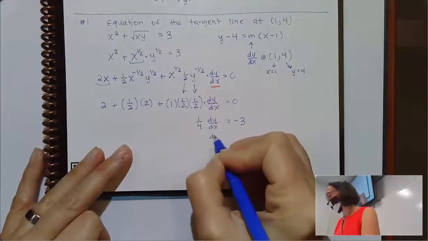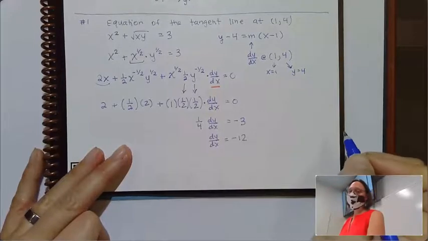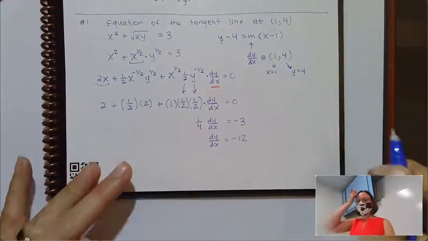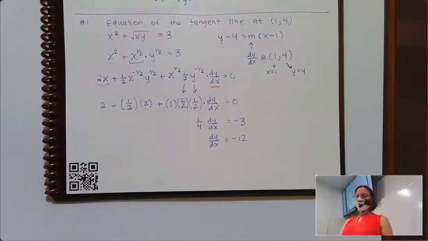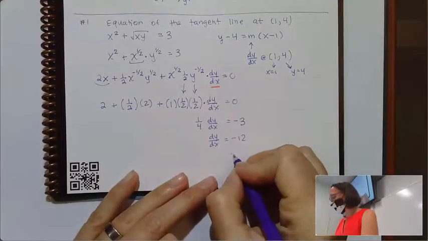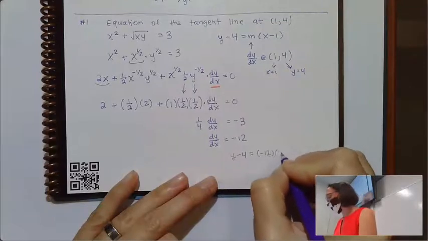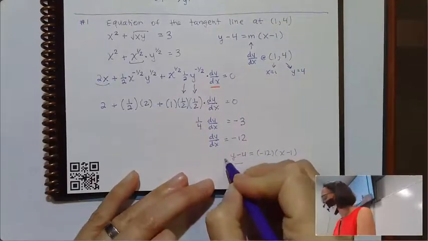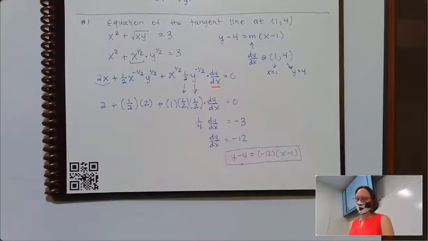So I would get that dy/dx was equal to -12. Which means I can put that into my equation for the tangent line and say y minus 4 is equal to -12 times x minus 1 and call it a day.